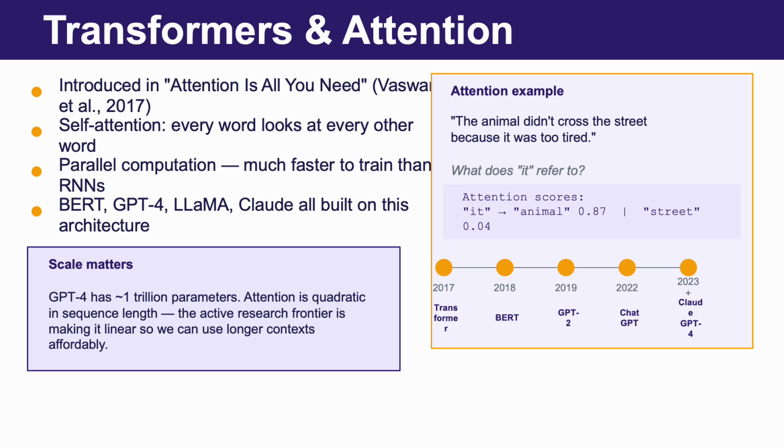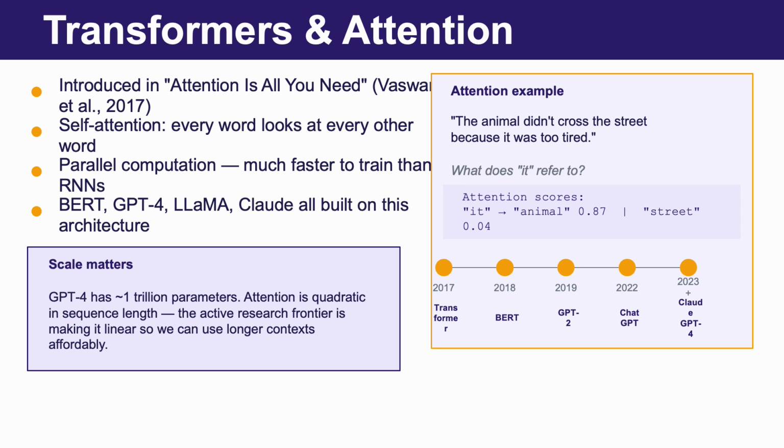This tells the model that "bank" here means the edge of the river, not the financial institution. An older model that processed words left to right one at a time would struggle much more with this disambiguation. Transformers and attention are part of the scale methods.